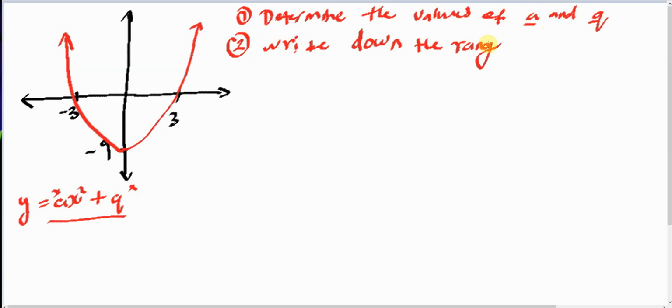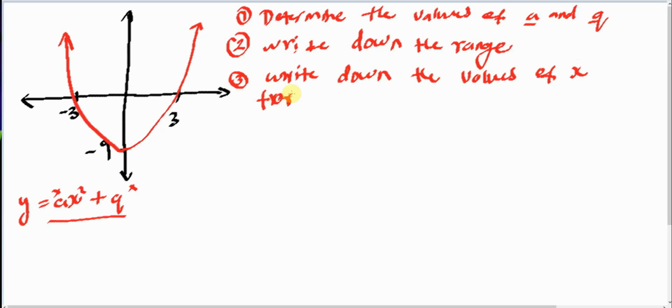I'm also bringing the range back. Then number three, maybe this one is the bonus question: write down the values of x for which the function is increasing.